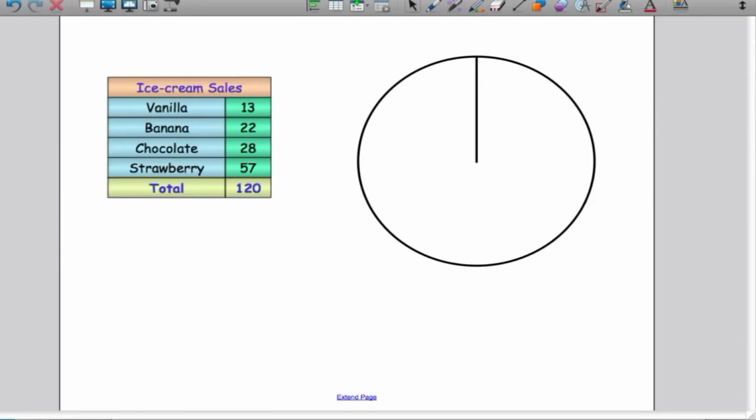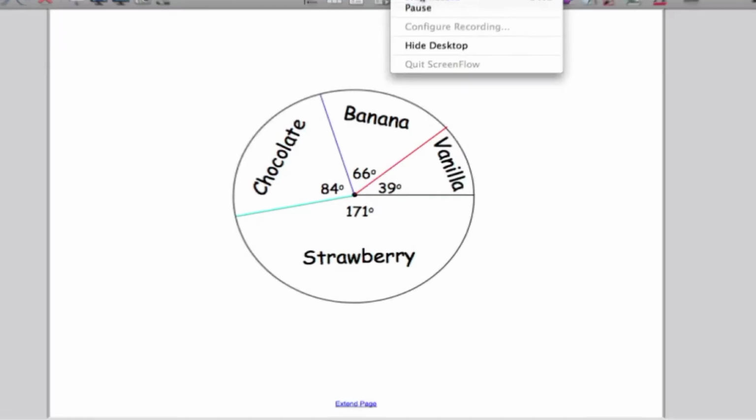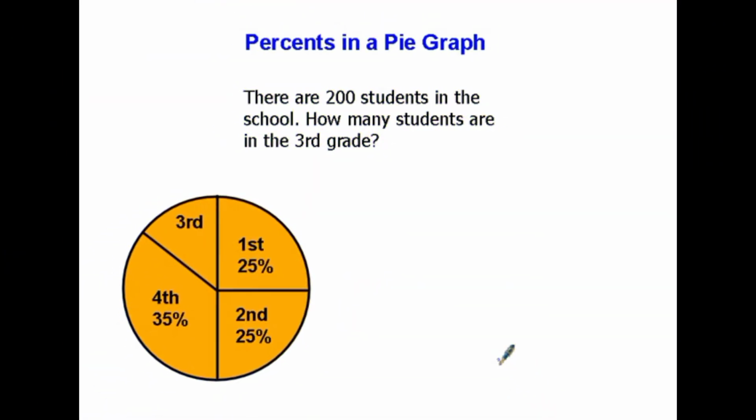Then for your assignment, you can also pause the video, look at the table, and construct a pie chart with the table as your assignment. If that is done, your pie chart will end up appearing as the one we have on the screen.